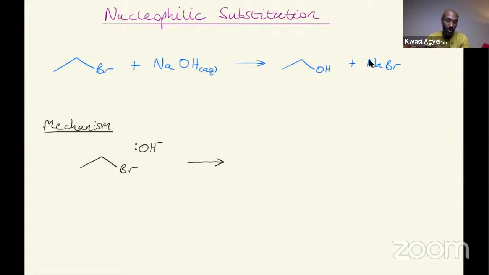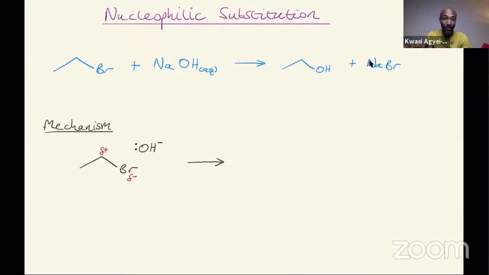Well, it goes back to the fact that your C-Br bond is polar. There's a delta plus on the carbon and a delta minus on the bromine atom, because the bromine atom is more electronegative than the carbon atom. So we do have a polar C-Br bond.